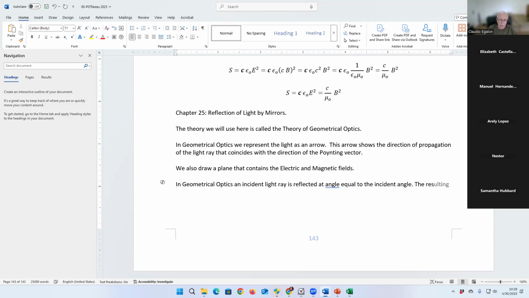This result is called the law, I'm going to put it between quotes, of reflection. The law of reflection. This is not an actual law. Instead, it's just the consequence of something else called the principle of least time.